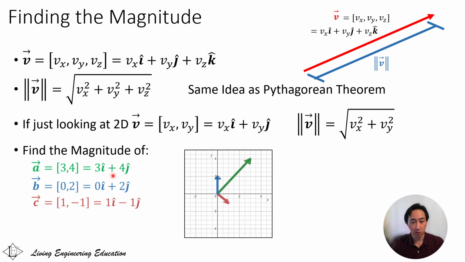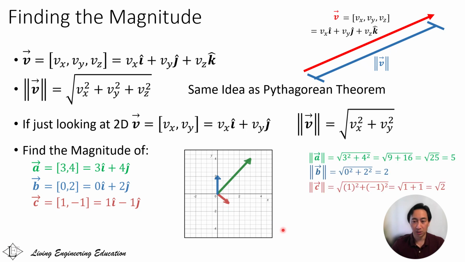So here are the 3 vectors. There's 3, 4. This is 0, 2, and this is 1, negative 1. And these are the magnitudes of each of these. So we'll walk through them. The magnitude of a is equal to the square root of the x component squared plus the y component squared. So 3 squared plus 4 squared. The square root of 9 plus 16 is the square root of 25, which is 5.